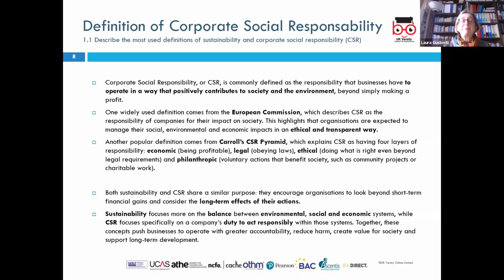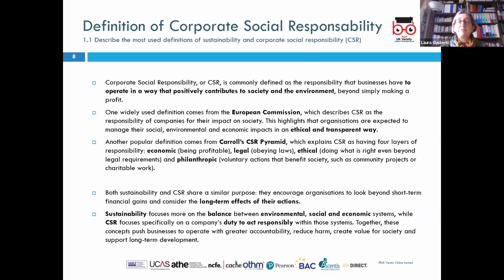So another definition of corporate social responsibility is Carroll's, and you will see there are some references at the bottom of this presentation where you can explore this in a wider way. Corporate social responsibility is defined as four layers of responsibility for the organization. An economic responsibility, because of course the corporation exists to make money, to make profit, but also a legal responsibility, as even governments have become stricter on certain environmental parameters, for example the polluter pays principle, where if a company or an organization is polluting, then they are fined or legally prosecuted.